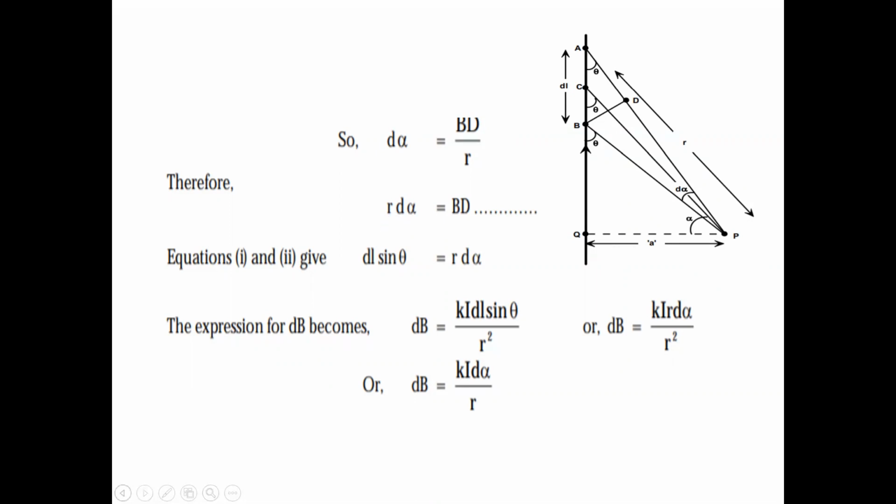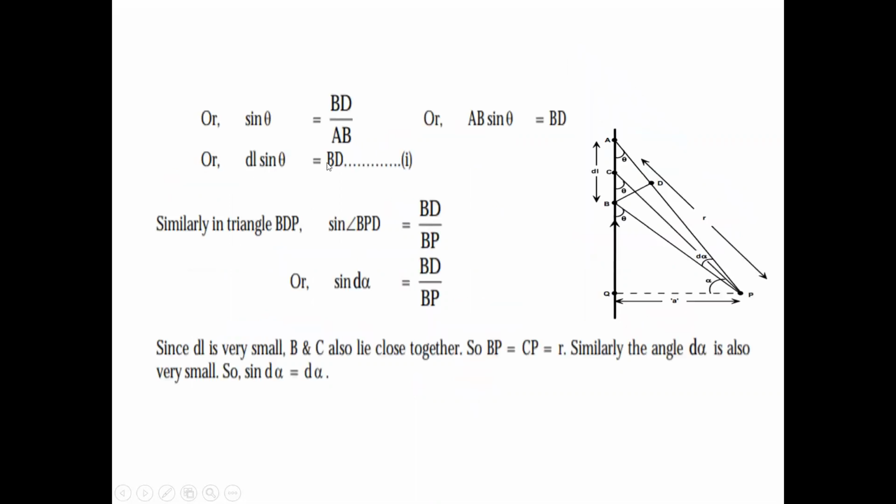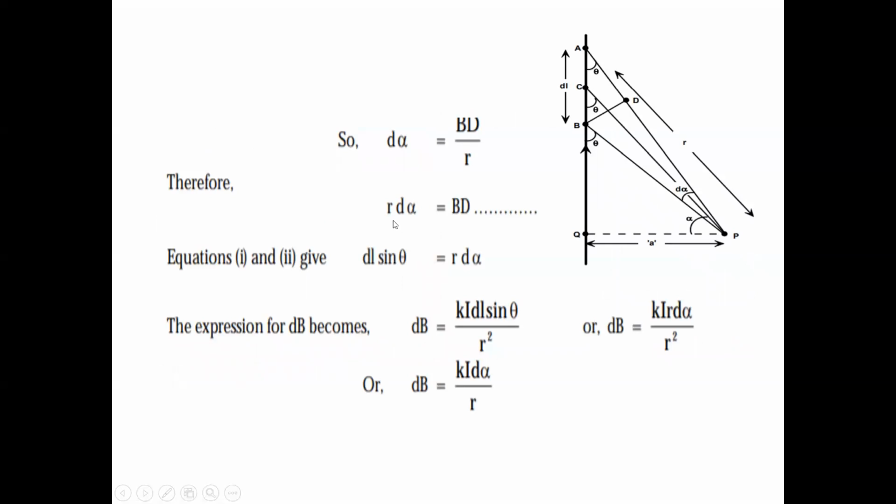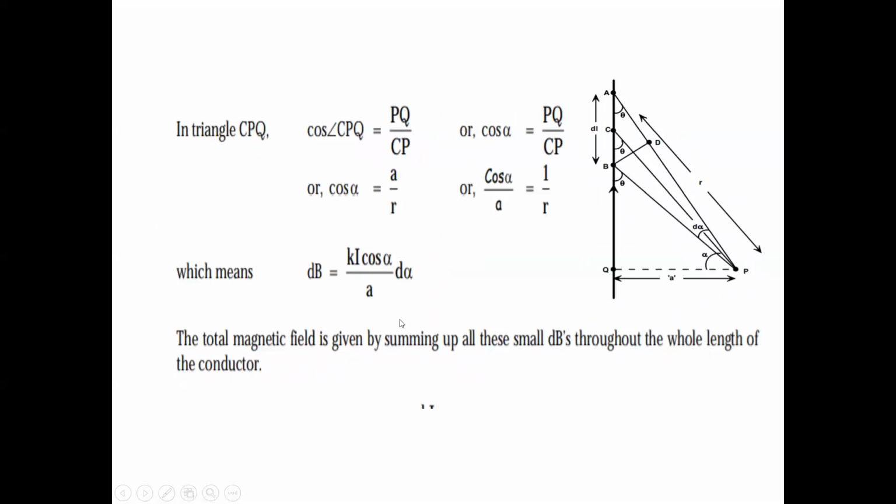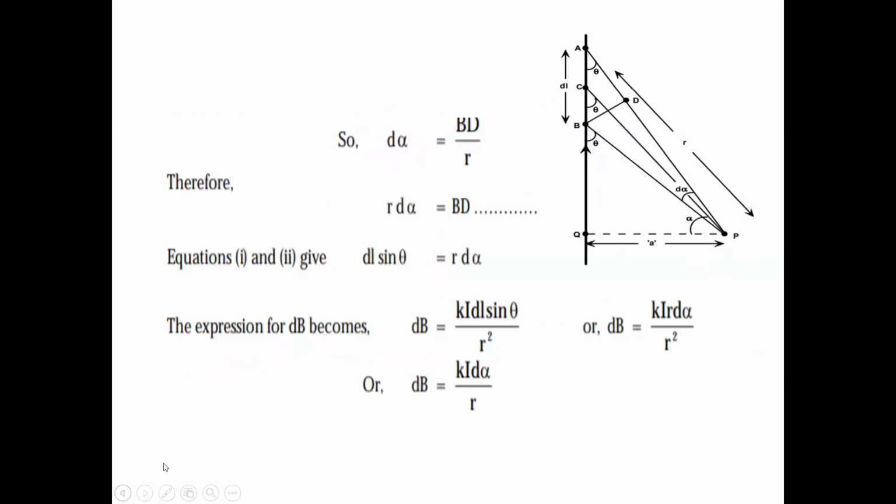Okay. We found in equation 1, BD is equal to dl sine theta. Here BD value is equal to r d alpha. That means both BD values are equivalent here. That means equation 1 and equation 2 are equivalent here.